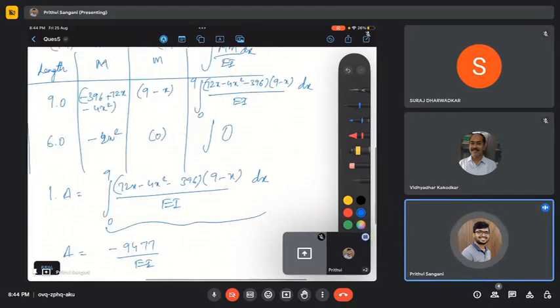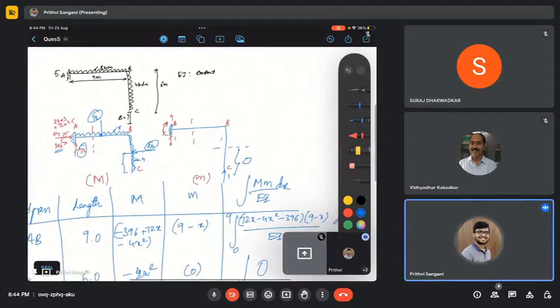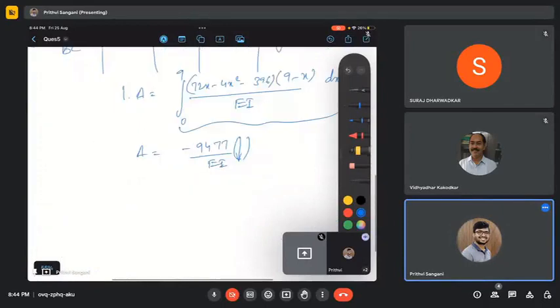I got it as negative. That means the assumed direction is opposite of what the answer is. So that means the deflection is downwards, 9477 downwards.